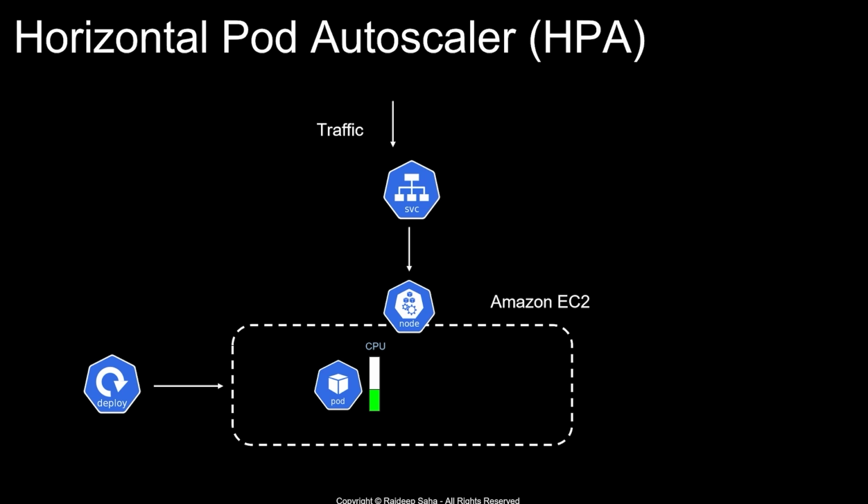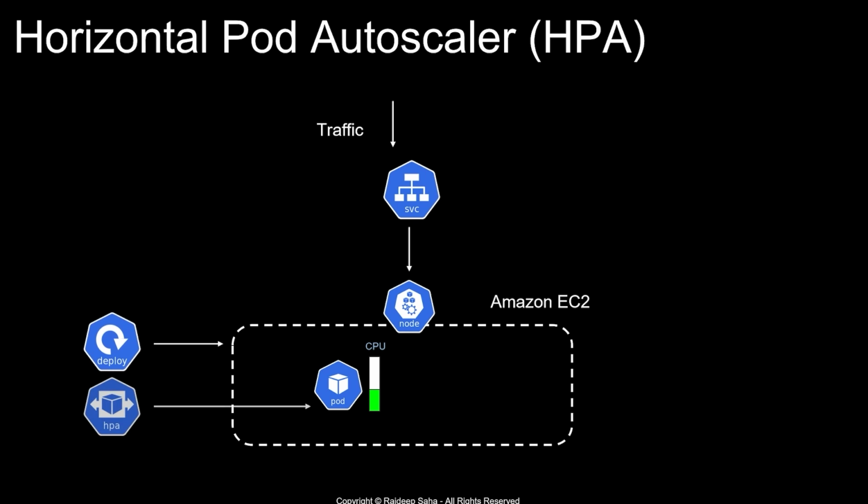So let's say there is some traffic coming into the pod and this pod is serving that traffic and the CPU utilization is around 30%. Now to scale this pod, you use horizontal pod autoscaler or HPA. HPA is set on a deployment. So you will say something like scale the number of pods if the deployment pod CPU goes over 50%. It's important to keep in mind that the CPU utilization is for the whole deployment.